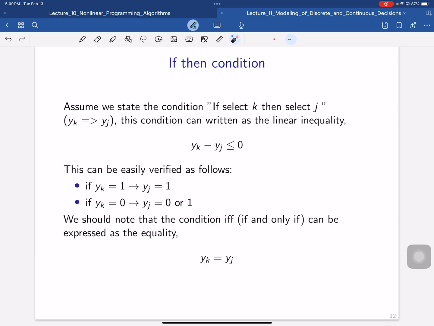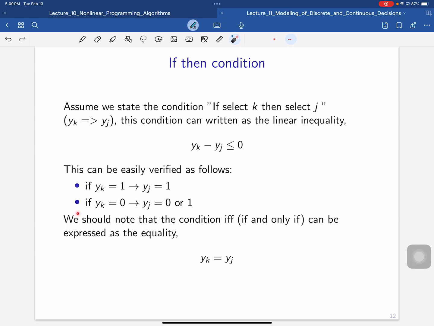You can express this as a constraint yk minus yj less than or equal to 0. Why is this true? Because if yk equals 1, then this constraint will force yj equal to 1 as well, since yk is true implies yj is also true. If you have yj greater than or equal to yk, then this condition holds.